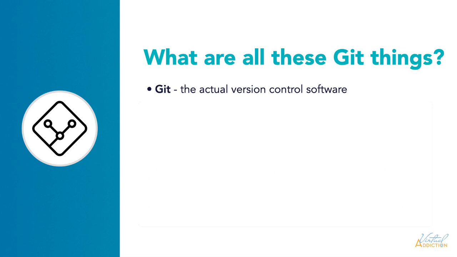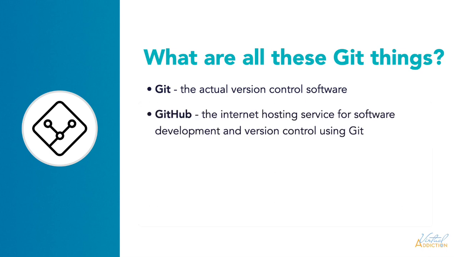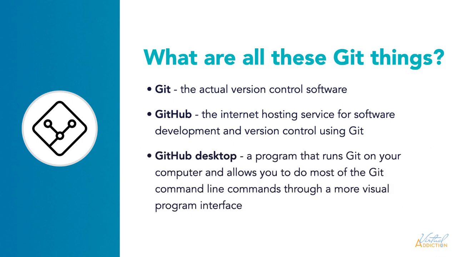So what are all the different Git things? Well, Git is the actual version control software. GitHub is the internet hosting service for software development and version control using Git. And the GitHub desktop is a program that runs Git on your computer and allows you to do most of the Git command line prompts through a more visual program interface.